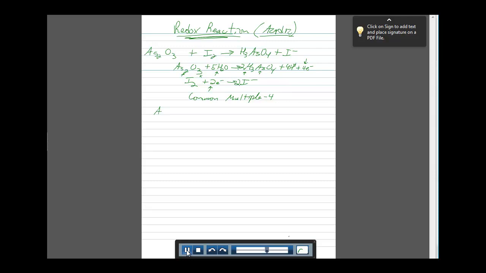So the first one stays as is, and the second one is the one that needs to change, and it will change by 2, giving us 2 I2 plus 4 electrons and 4 I1 minus. And now our half reactions are balanced.